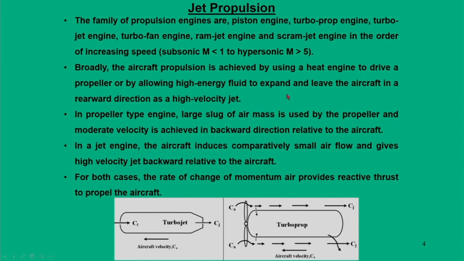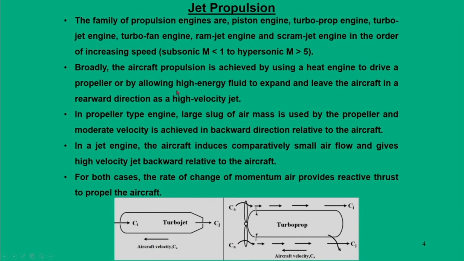But in a thermodynamic sense, we call aircraft propulsion a device which is nothing but a heat engine that drives the propeller, or allows a high energy fluid to expand and leave the aircraft in the rearward direction as a high velocity jet.